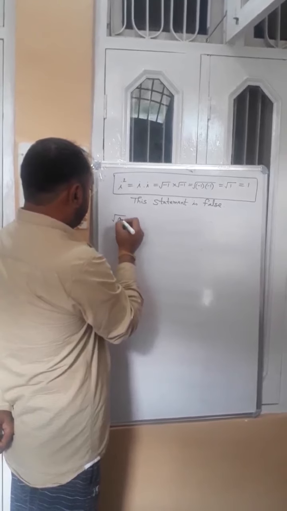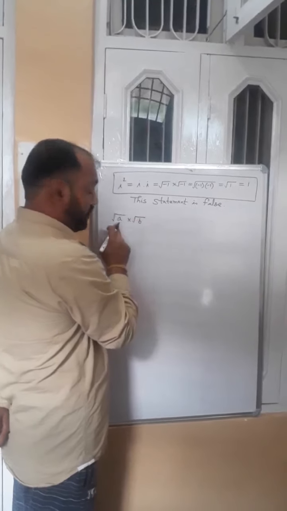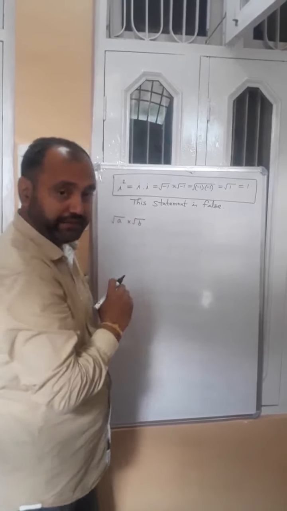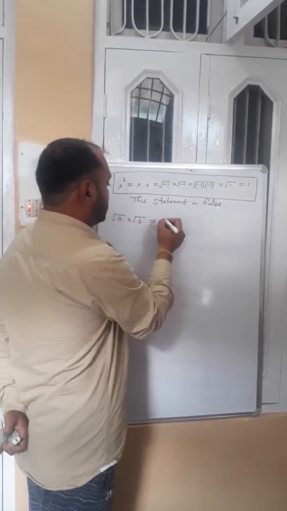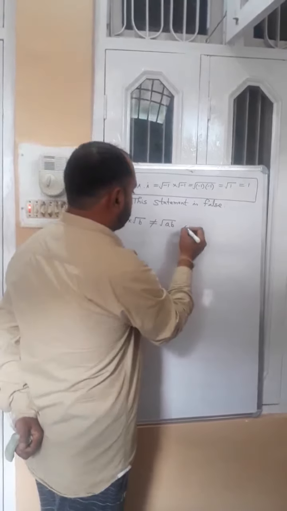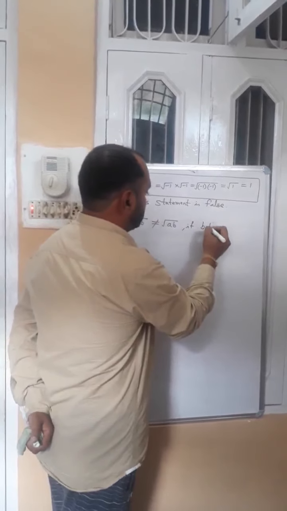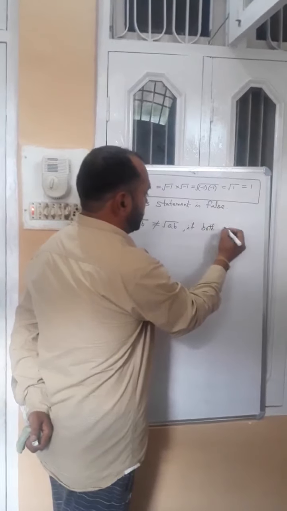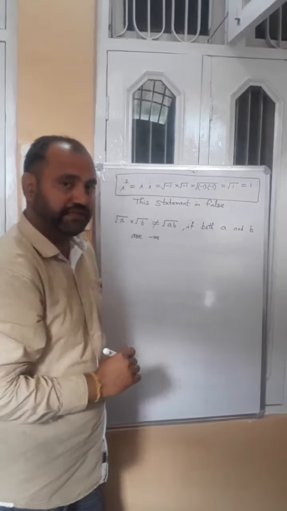If I multiply square root of a and square root of b, that is never equal to square root of ab if both a and b are negative, right?